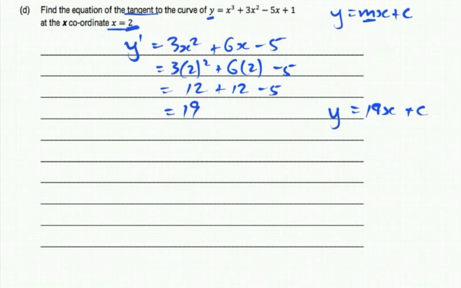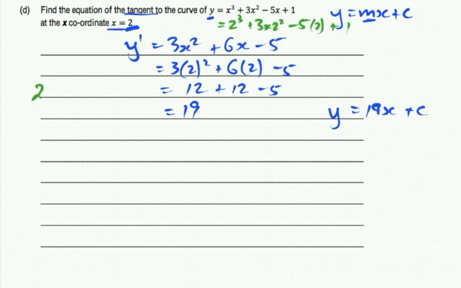So let's use the x coordinate in here to find out what the y one is. So I'm going to go 2 cubed plus 3 times 2 squared minus 5 times 2 plus 1. So that gives me 8, and 4 times 3 is 12, 20, minus 10 is 10, plus 1 is 11.